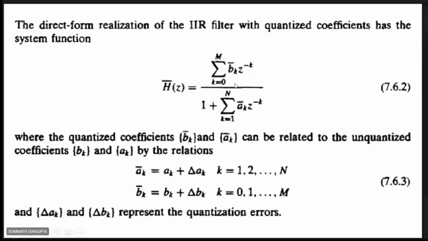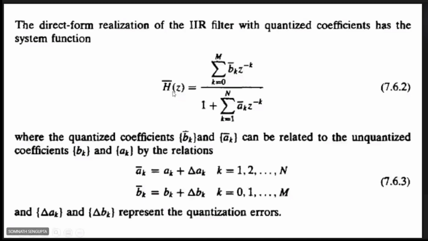So here, let us say that the coefficients have been changed from bk to bk bar, and the coefficients ak to ak bar, after quantization. And also due to that, the transfer function H(z) will change to H(z) bar.